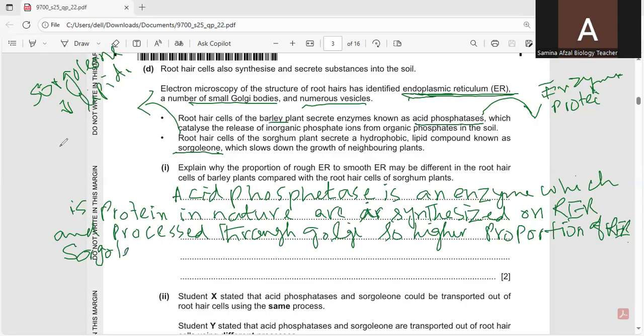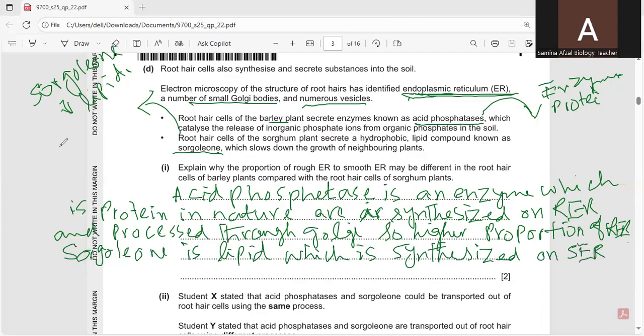So sorgoleone is a lipid which is synthesized on smooth endoplasmic reticulum, so they will have a high proportion of smooth endoplasmic reticulum because they have a different requirement.